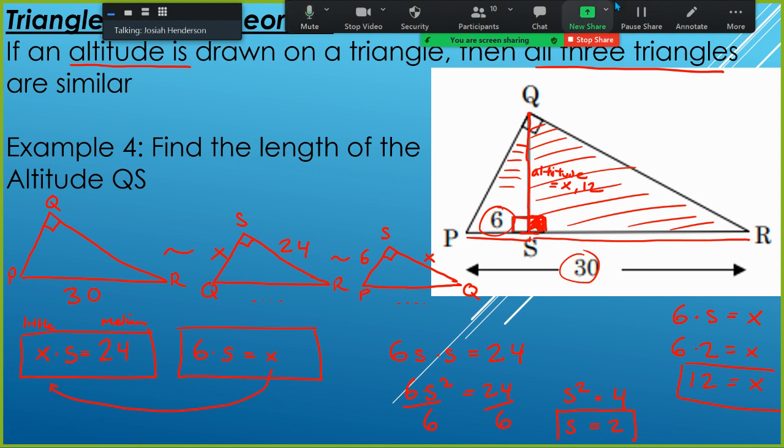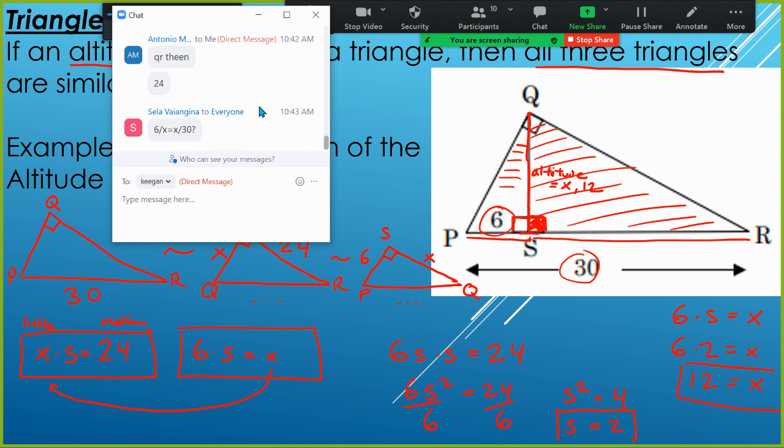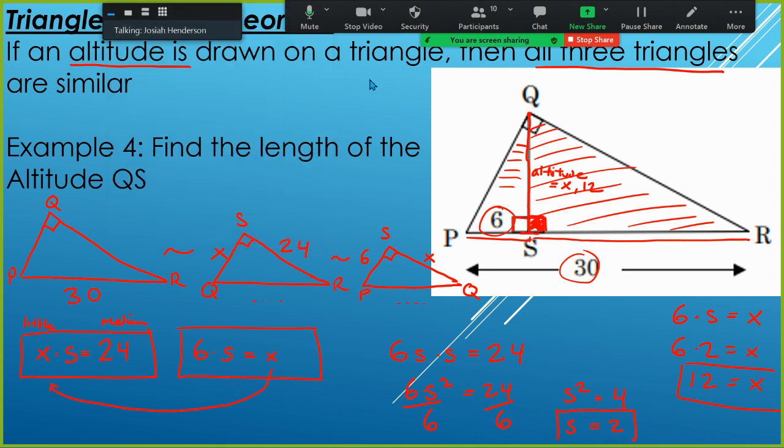What Sella did, and let's see, did you put that in the chat for everyone? Yes. 6 over x is equal to x over 30. So what she's doing is another approach we could use for a problem like this: make two equal ratios.